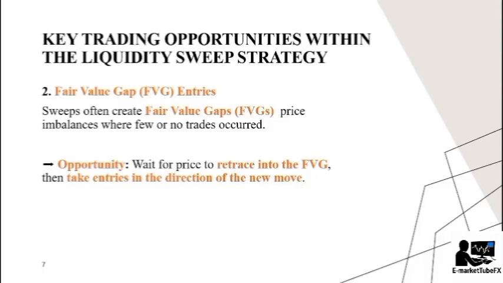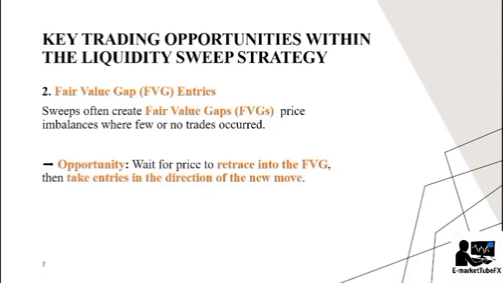So as and when there is a liquidity sweep, it creates fair value gaps. Yes, you all agree. So what happens to that fair value gap? What are you supposed to do with it? Wait for price to retrace into the fair value gap, then take entries in the direction of the new move.